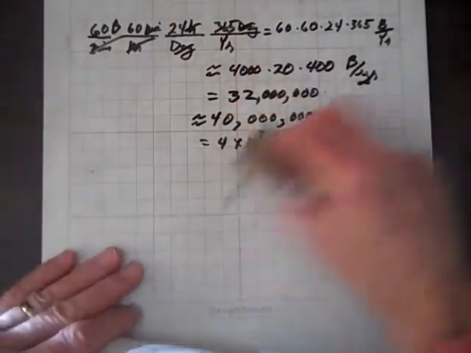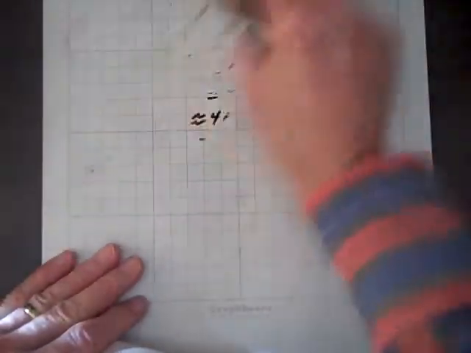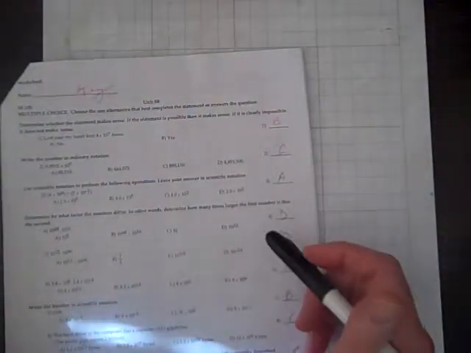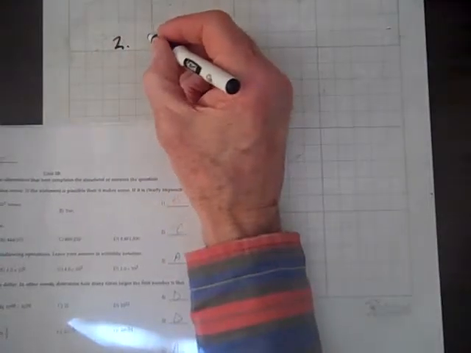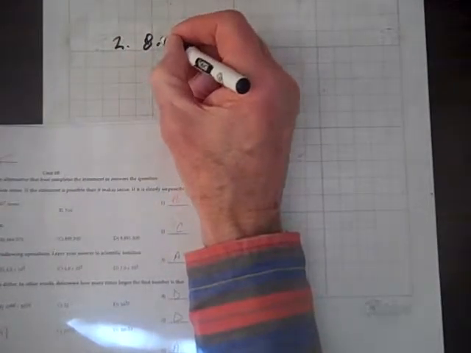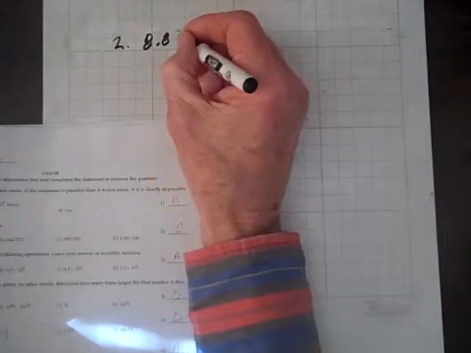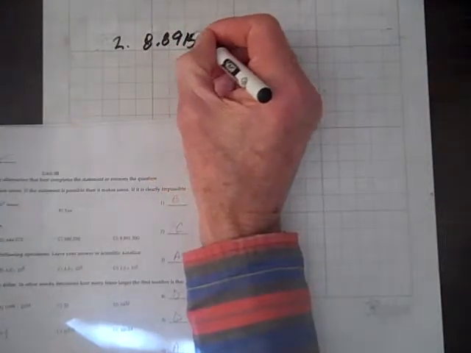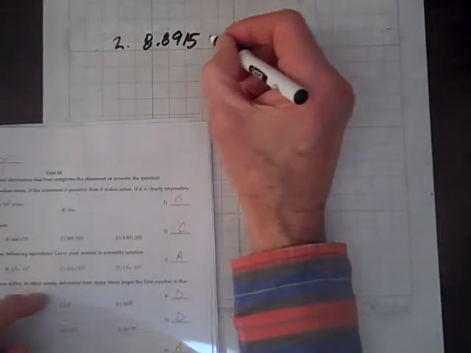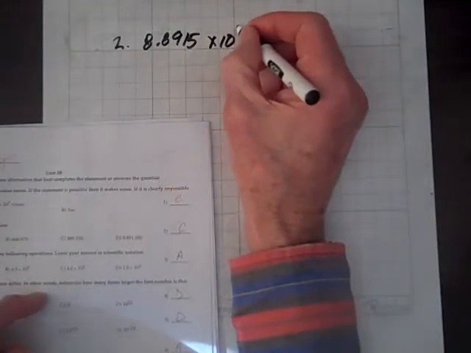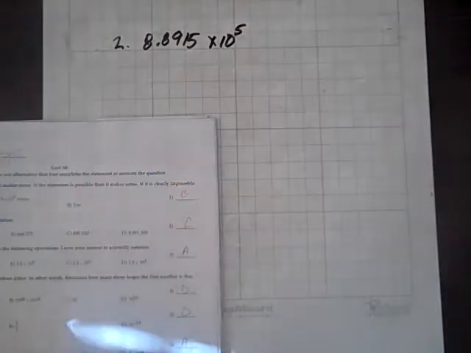Next, and that was 1. So now let's do 2. Write the number in ordinary notation. Okay. So this is 2, and we've got 8.8915 times 10 to the 5th.